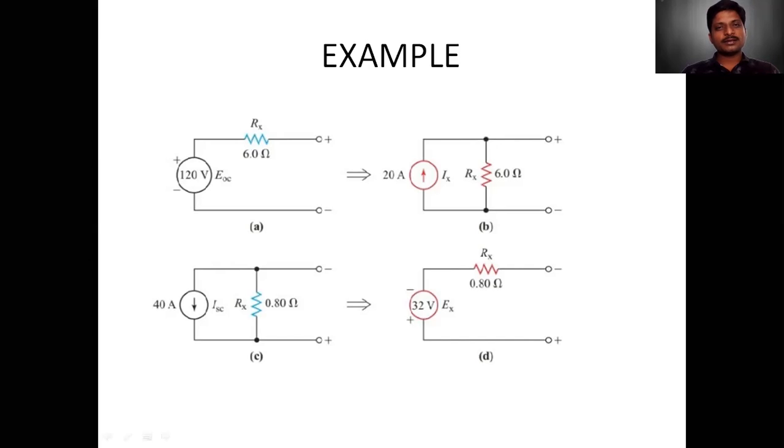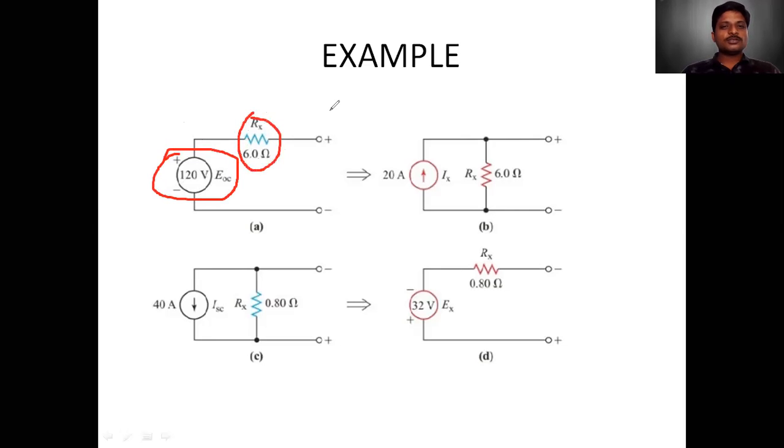Using Ohm's law, simple. You are using just Ohm's law. In this example, I will explain how to transform. First, I will explain how to transform a voltage source into a current source. Here, for a voltage source, some voltage is given along with polarity. The voltage is 120 volts and also the internal resistance is given, that is 6 ohms.